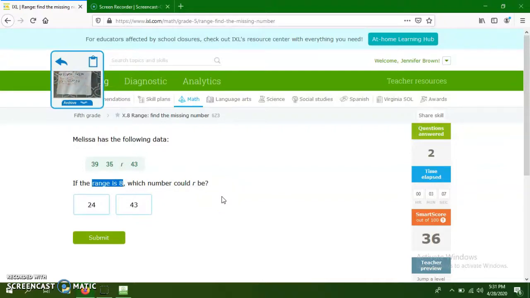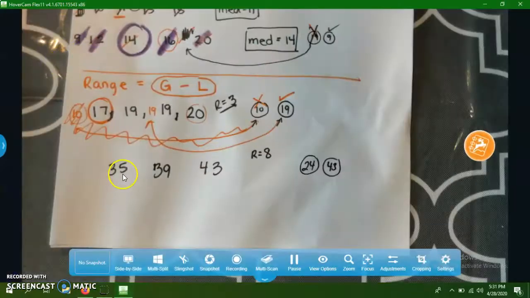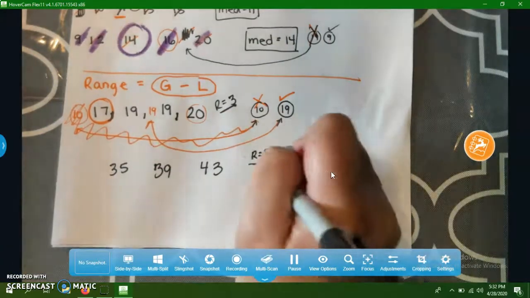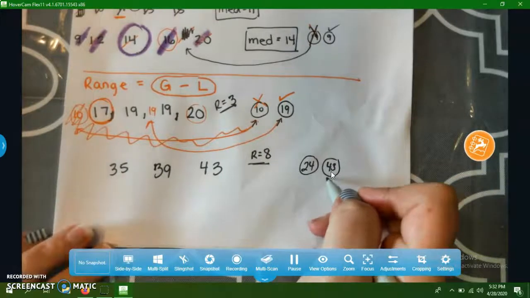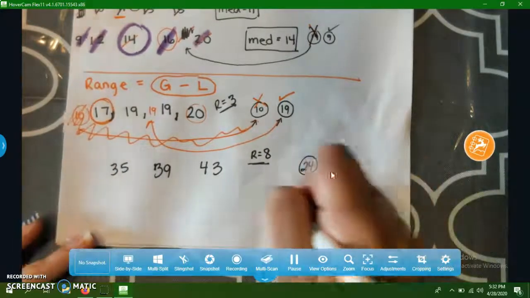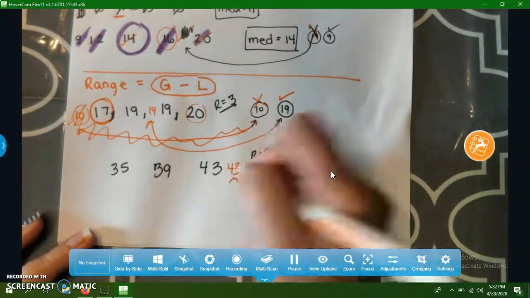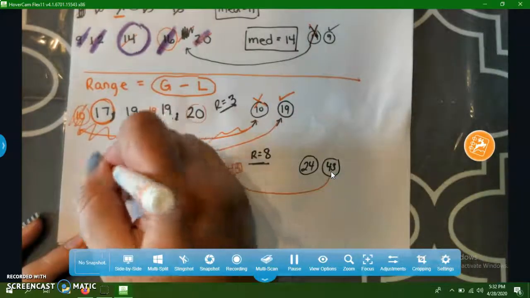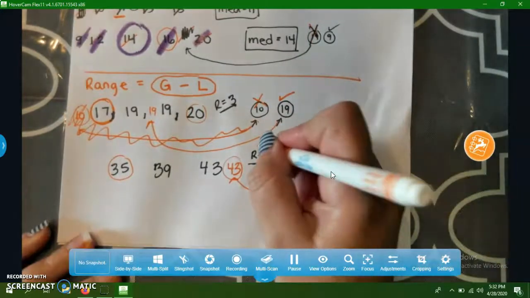And so I am going to write my data out really quickly. So I have written my data in order, 35, 39, 43. And then I'm either going to add in this 24 and this 43 with the hope of getting a range of 8. So if I add in this 43, it would go here. And I would be doing 43 minus 35, which will give me 8.